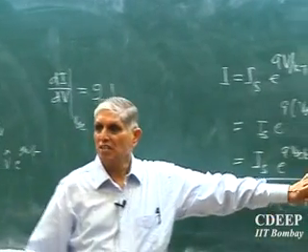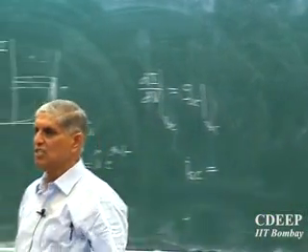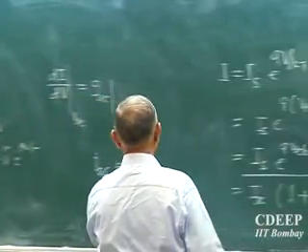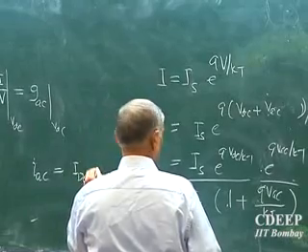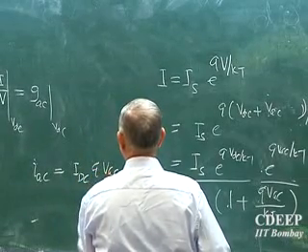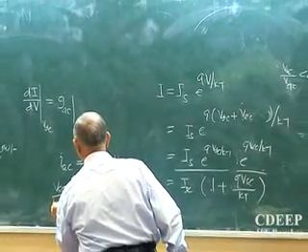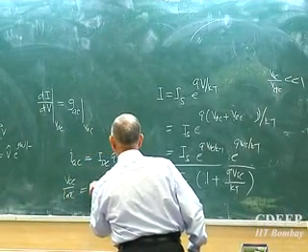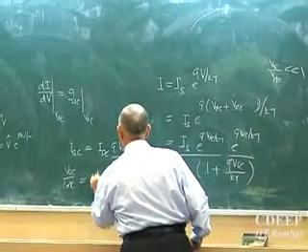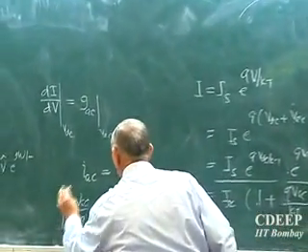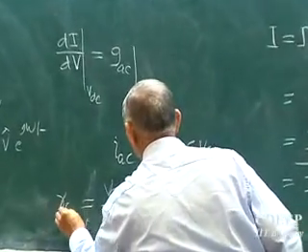Total current is DC plus AC. So the AC current is IDC q VAC by kT. If I do VAC by IAC, it is kT by q IDC. But this is nothing but RAC.